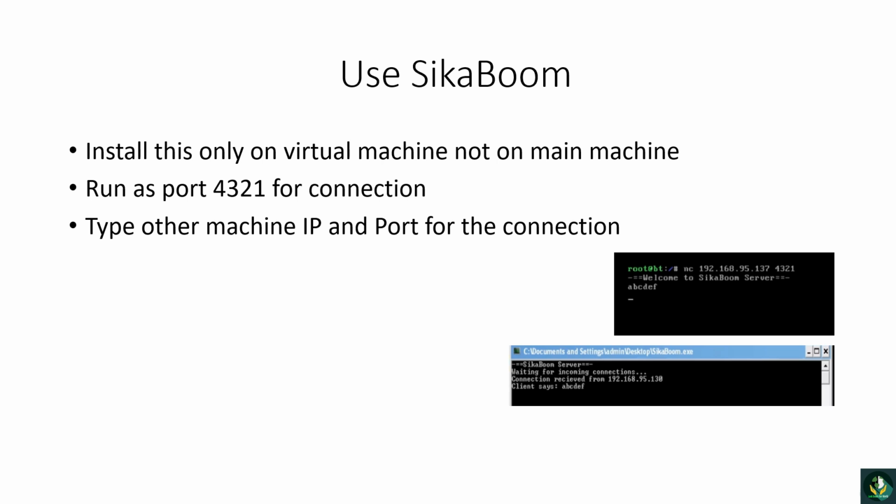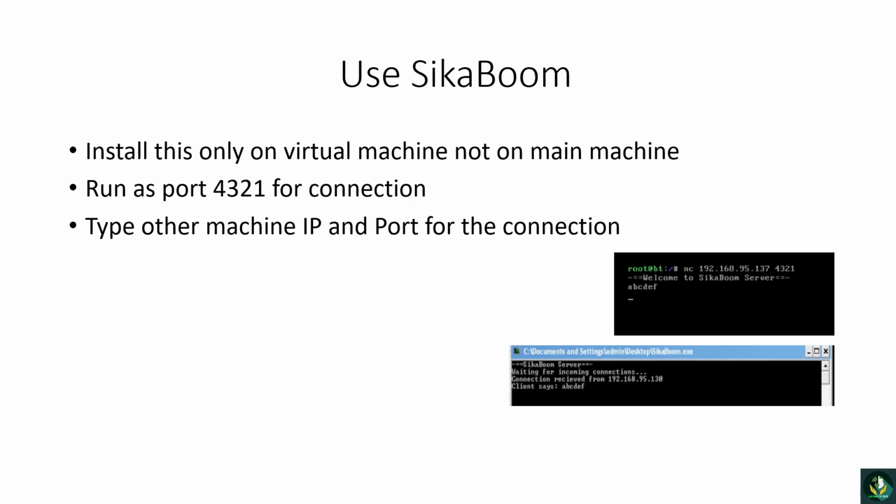Overall, the only way to do that is by searching, and first you have to install a virtual machine on your main computer, because it's very unsafe to run Boom on your main computer. So it's always recommended to use a virtual machine, so it doesn't affect your main machine. First, download and install Boom in the virtual machine and run it on port 4321 for the connection, and type the other machine's IP and port.